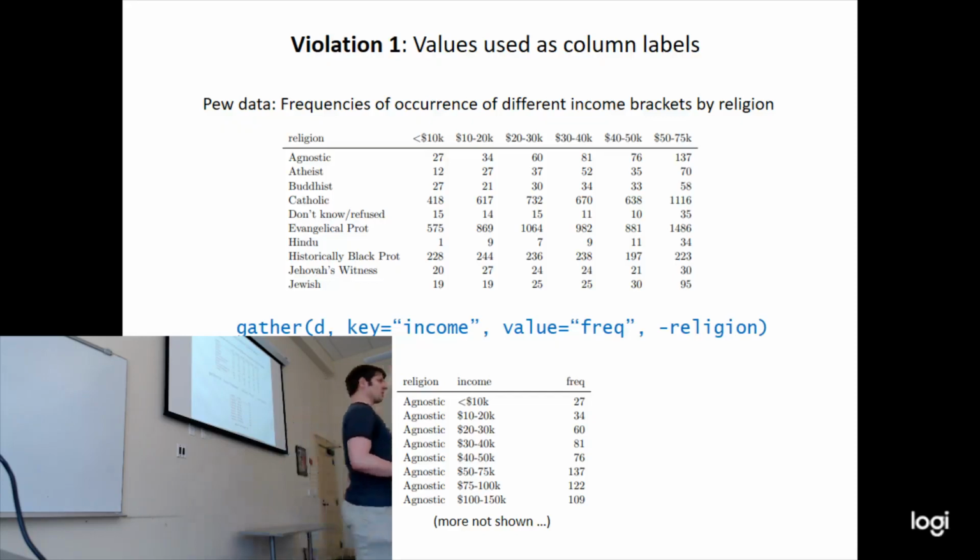Really what these data are showing is frequencies. That's one variable that can be categorized in a bunch of different income brackets. So suddenly what was 6 columns becomes 2 columns. But my data set is much longer.